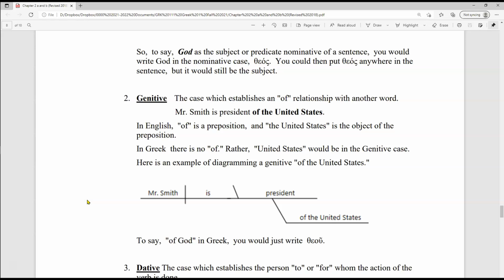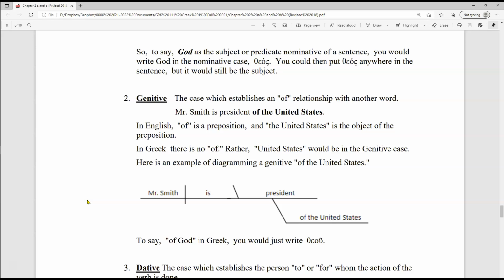The genitive is the "of" case: of the United States. Mr. Smith is president of the United States. In Greek, all you would do to the word for United States is change it from os to u. Or plural, change it from oi to on, I guess, since that's technically plural.